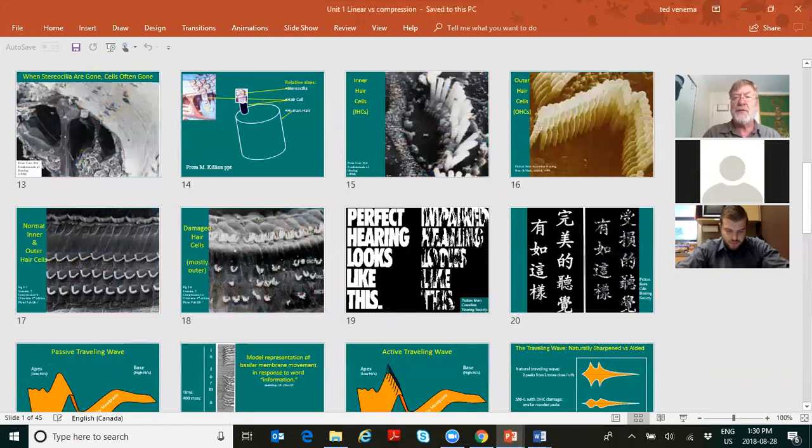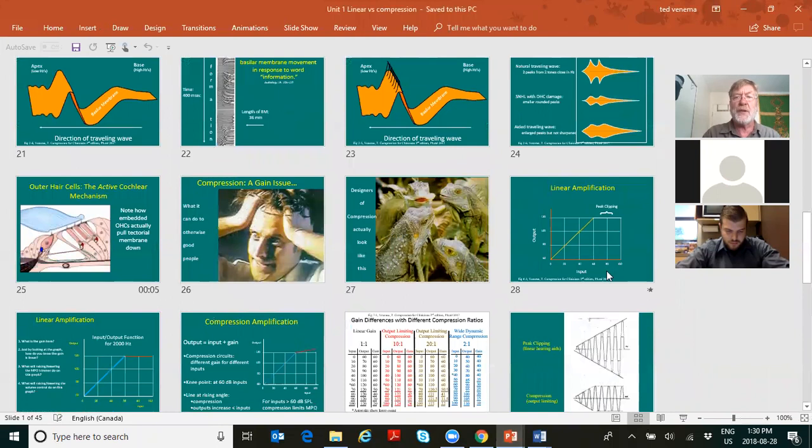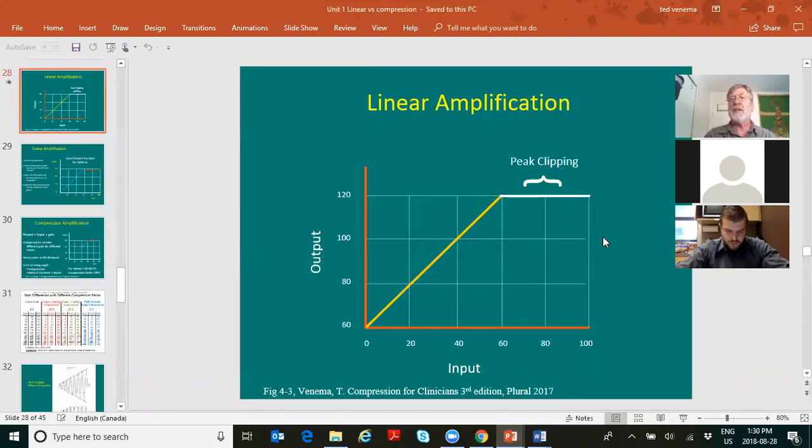Here's an input-output function of a linear gain hearing aid, with input on the horizontal, output on the vertical, and the difference between the input and the output is of course the gain.